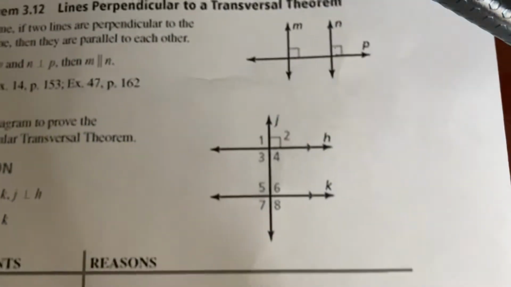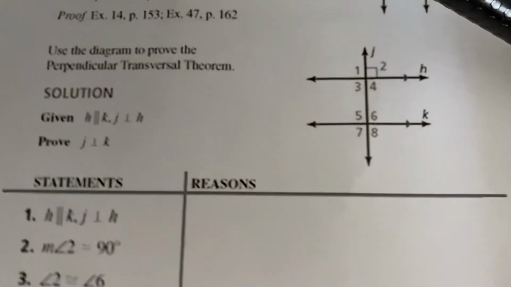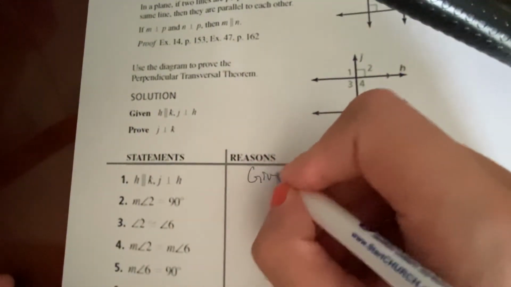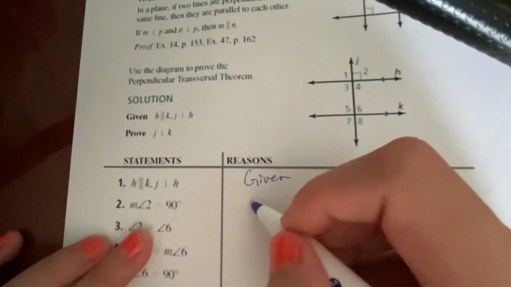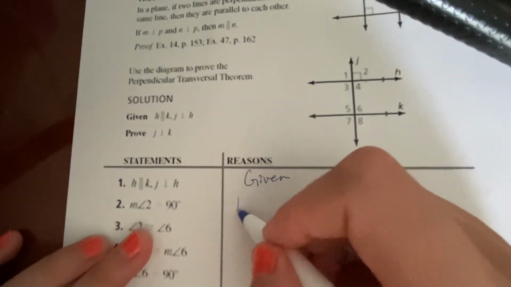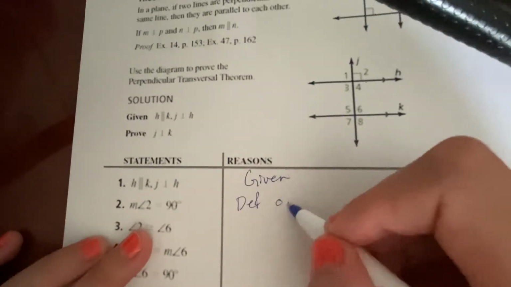So let's do that. Zoom out just a little bit. All right, so I know this by given, obviously. I know the measure of angle 2 is 90, so I would say definition of right angle.